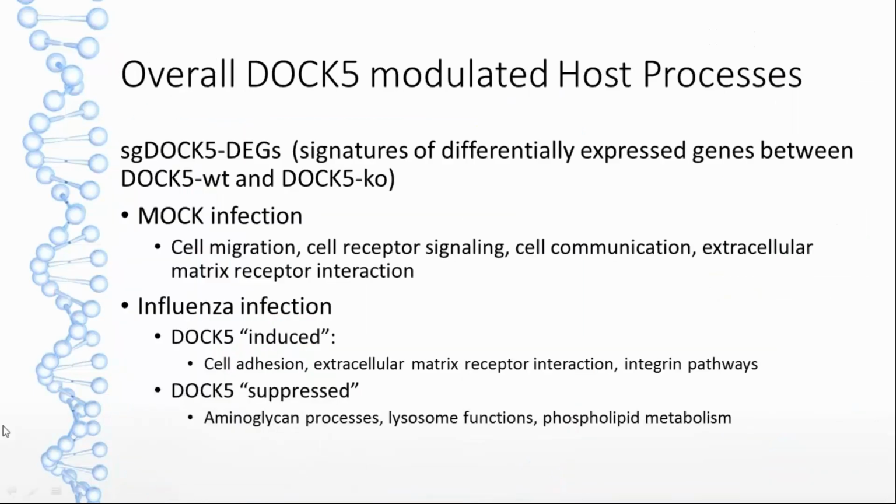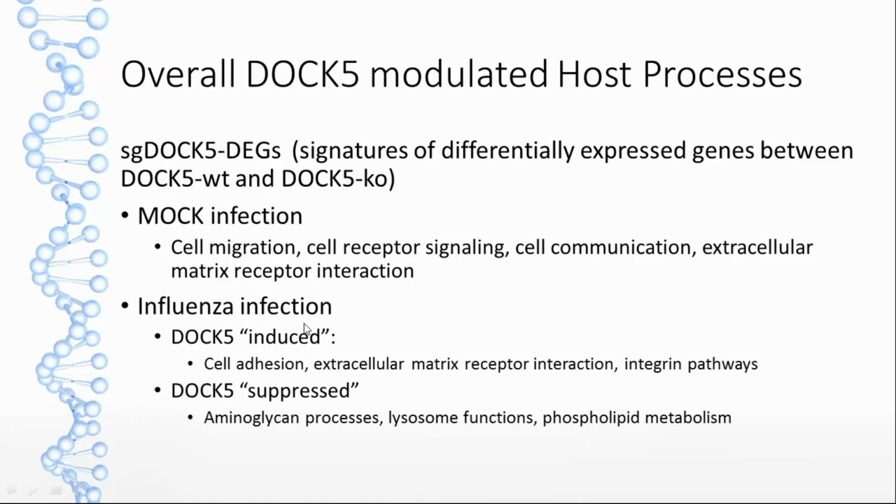All right, so just to repeat the analysis. The genes overall influenced by this DOC5 knockout, in the baseline, so without infection, are cell migration, cell receptor signaling, communication, and extracellular matrix receptor interaction.